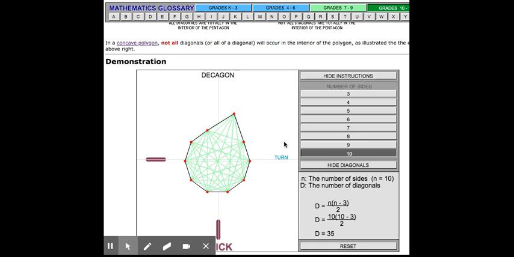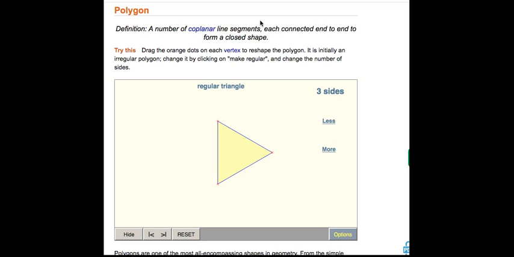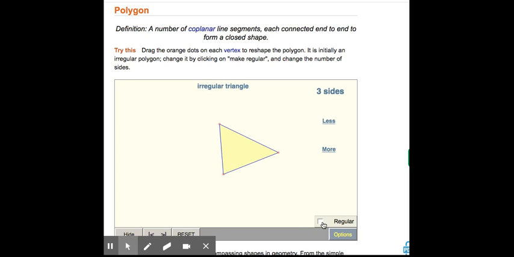Okay, now let's take a look at this other website that I shared with you as well. And for this one, we can decide if we want a regular or irregular polygon. And you'll see how this matters more when you're dealing with something bigger than just a triangle. Okay, so here we have a convex irregular square.